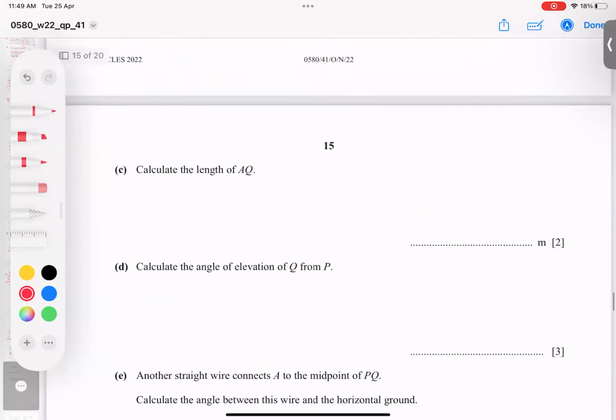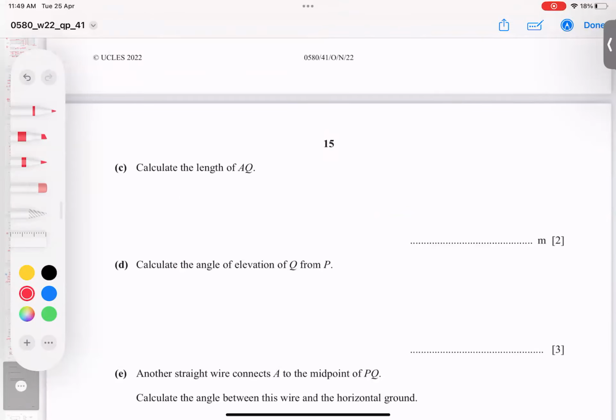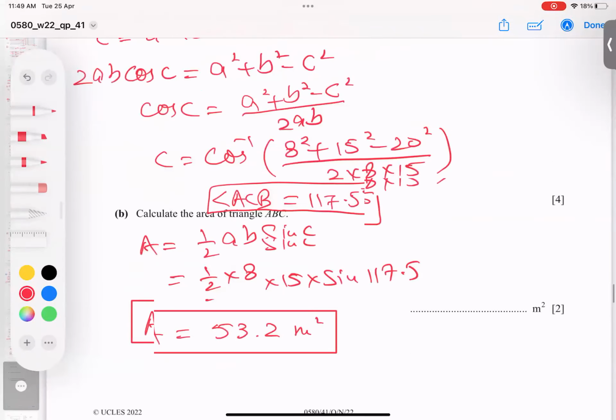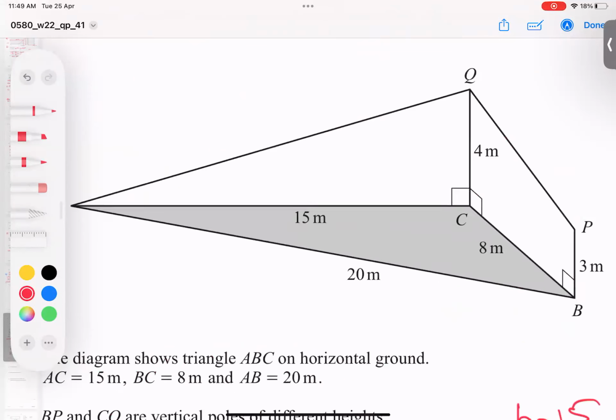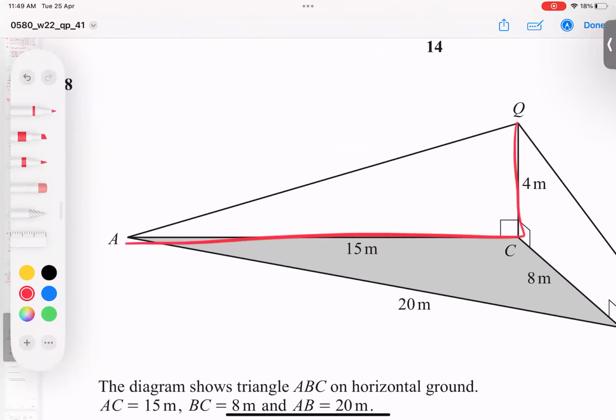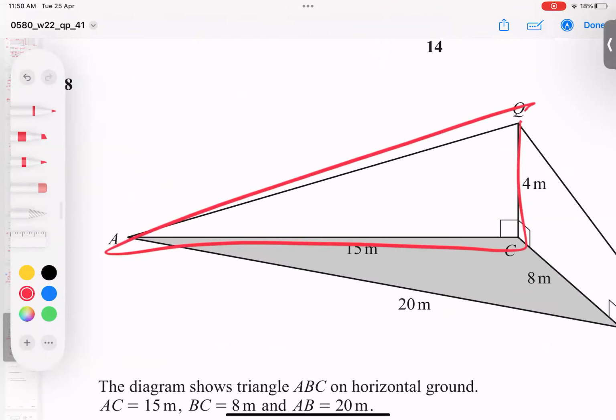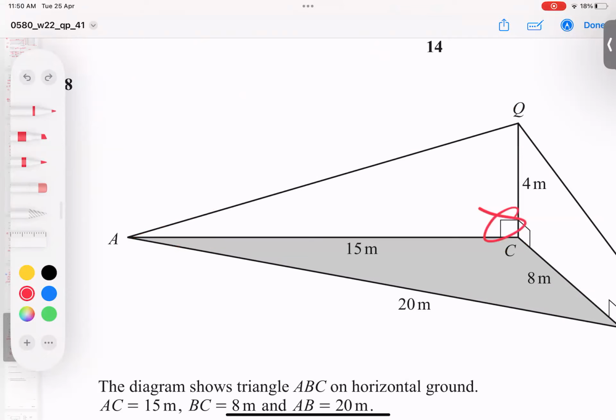And he's asking the length of AQ. Where is AQ? See, AQ. Okay, this triangle I will focus on. Choose simple Pythagoras theorem. So AQ, this one, in front of 90, this is the AQ.